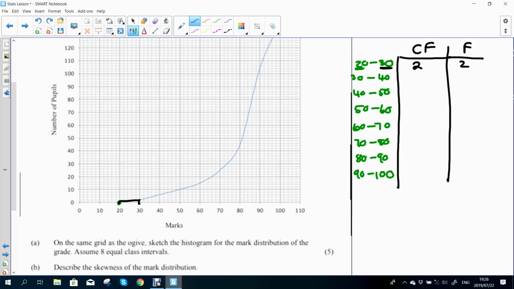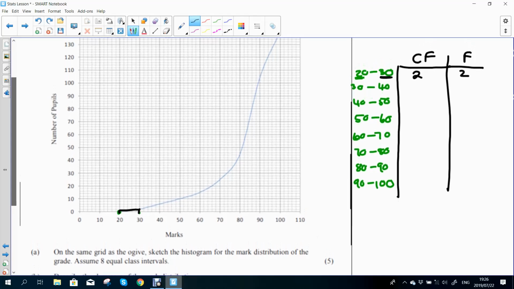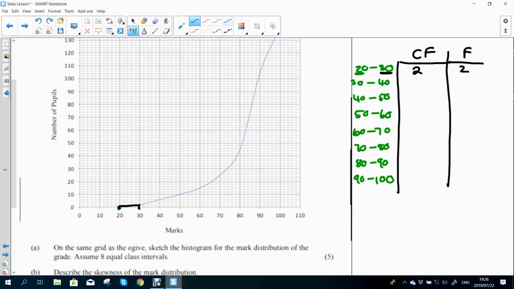It's very small, so I hope you can see what I'm doing. Okay, let's take the next one. The next one, I'm using 40. So 40 is my end point, and I need to read off this value here. It seems that's 2, 4, 6, 8. So my cumulative frequency there is 8.